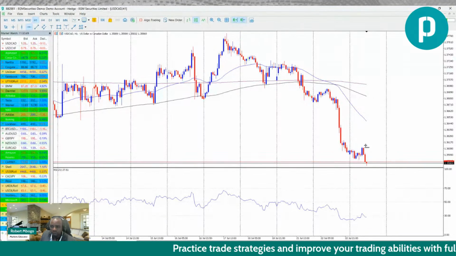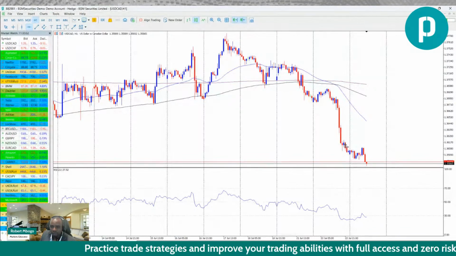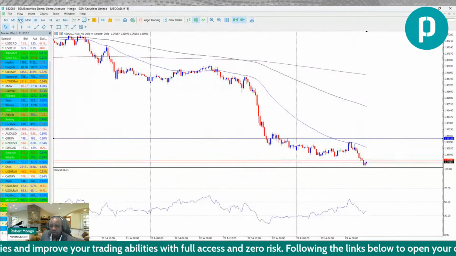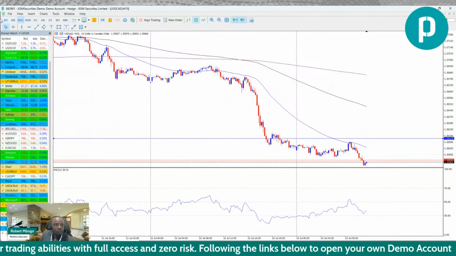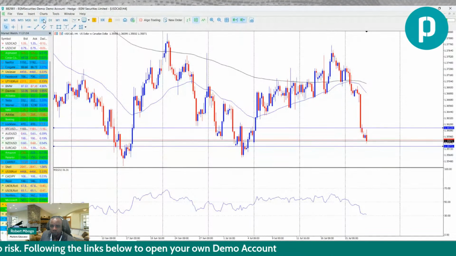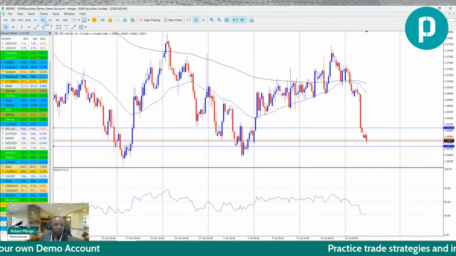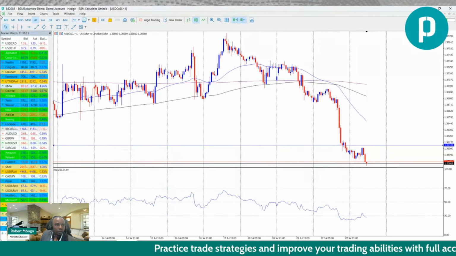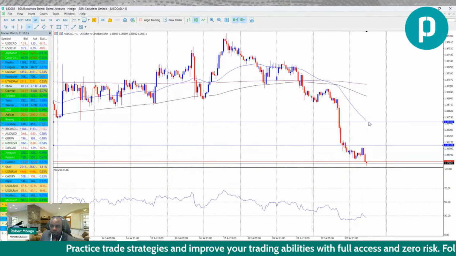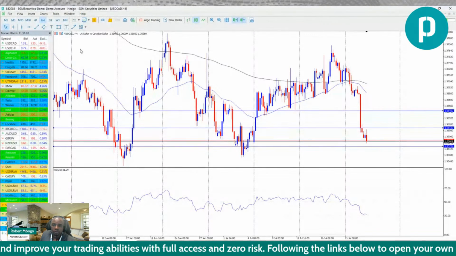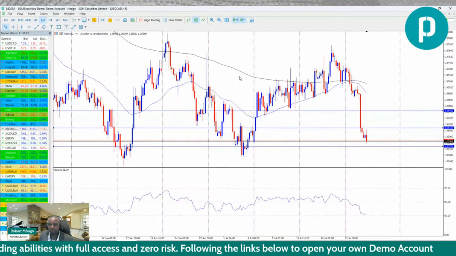So if I map out take profit targets, I'll be looking at that order block as a possible take profit target. I'll also be looking at the moving average as a possible take profit area.